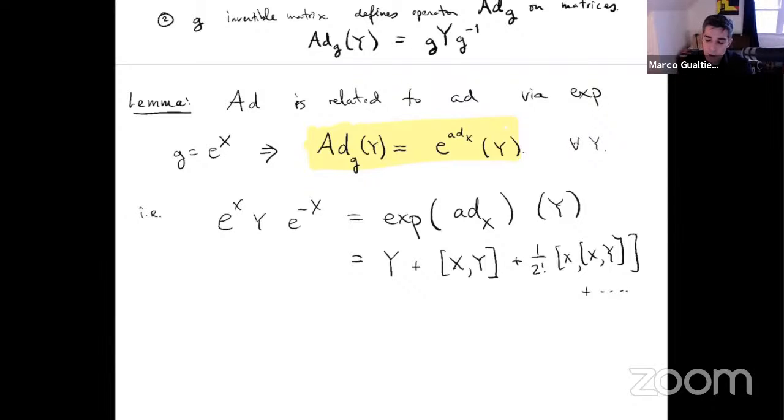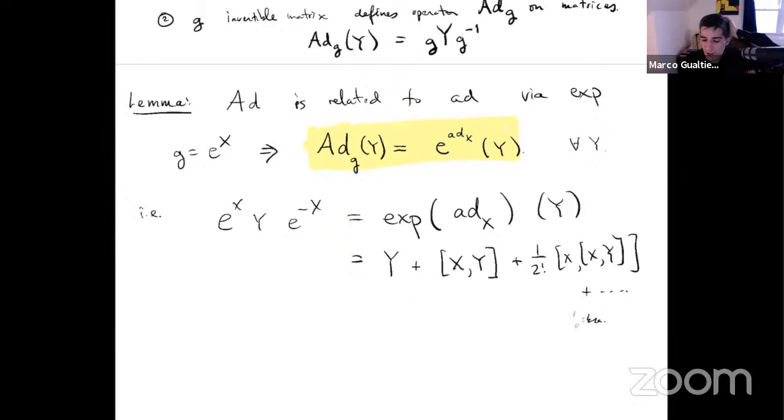But the cool thing is that the right-hand side makes sense in any Lie algebra. Whereas here, this is really a Lie group element, which I'm using to act on the Lie algebra.